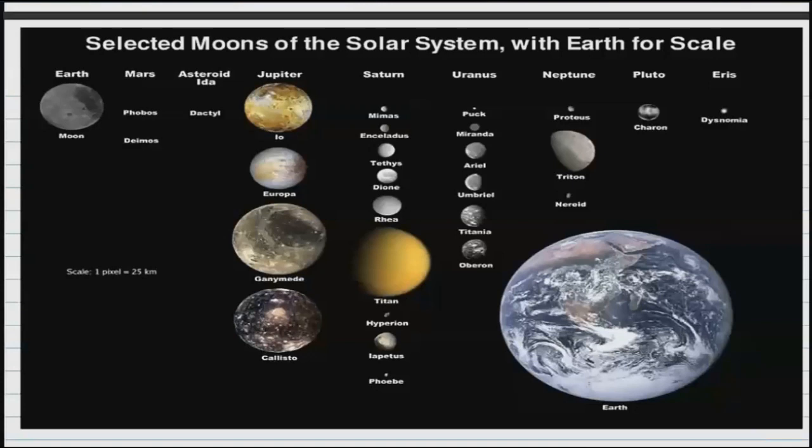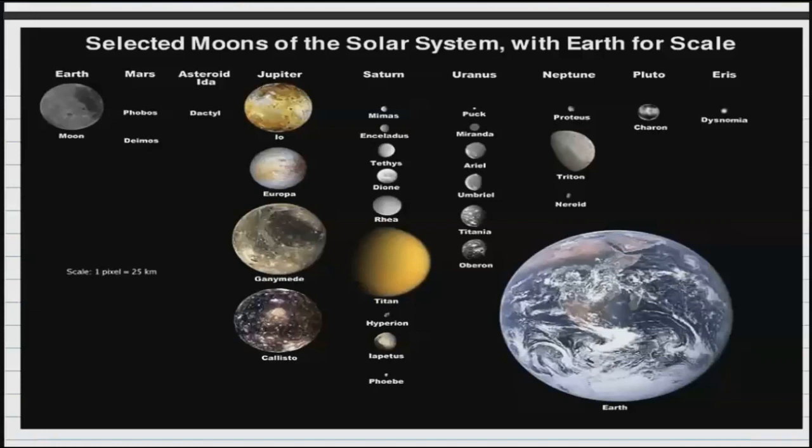Here is our moon, and for Mars, the two satellites Phobos and Deimos, which are Greek words for fear and terror, are so small that you can't really see them on this scale. They are much, much smaller than our moon. They put in here, for whatever reason, the satellite of one of the asteroids.